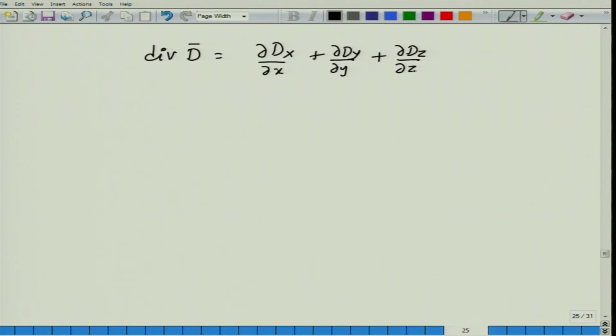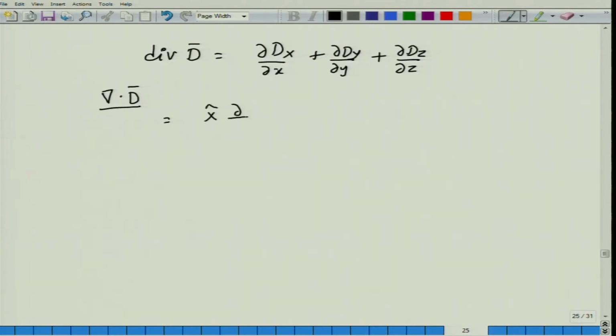Okay. Again, I can use my del operator in order to write this equation slightly better in a simplified notation. Consider what is this del dot D. Remember that D is a vector field, which means that D is a function of x, y and z, and at every point you will have three components for D, that would be dx, dy and dz. And if I consider this operation del dot D, I know what is del, right?